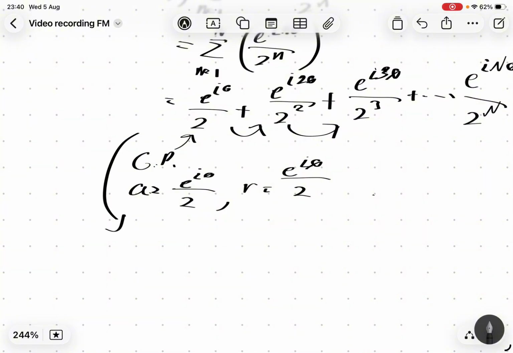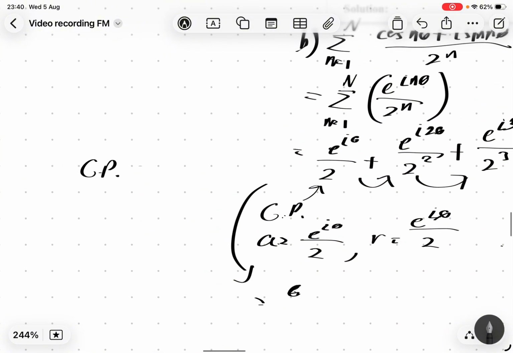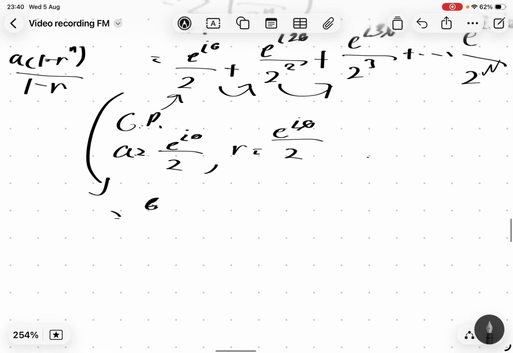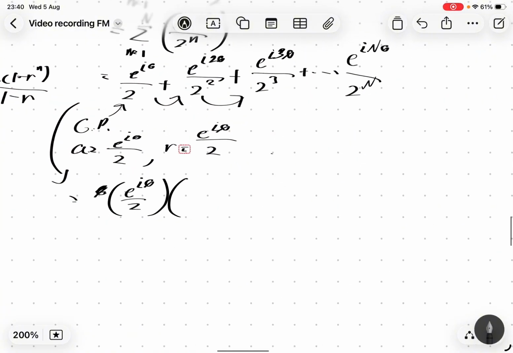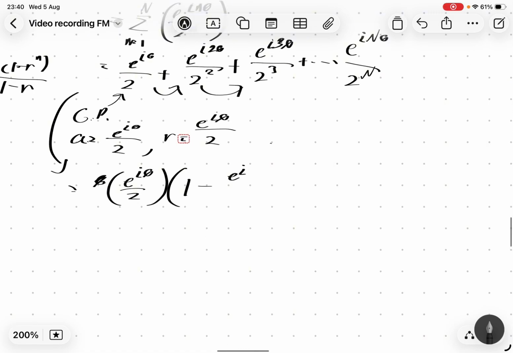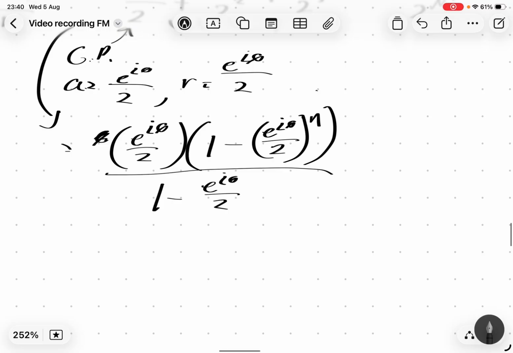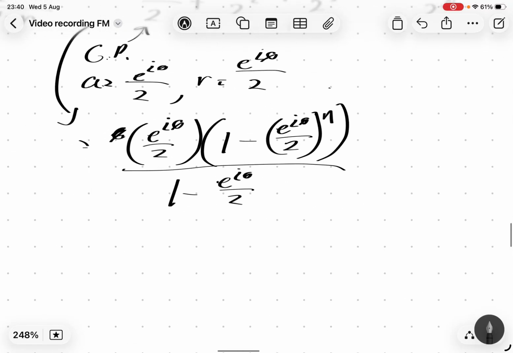So this whole thing is equal to a, because you know that the GP summation is what? a times 1 minus r to the n over 1 minus r, right? So I get e^(i theta) over 2 times 1 minus (e^(i theta) over 2) power n, over 1 minus e^(i theta) over 2. Okay, now for the harder part, you just need to simplify everything.